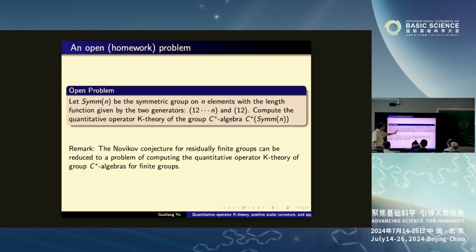So this is a good problem to think about. You really want to look at something like the disjoint union of those symmetric groups. For quantitative K-theory we don't have to look at the disjoint union, but secretly that's what we are doing, because we are fixing some control constant.